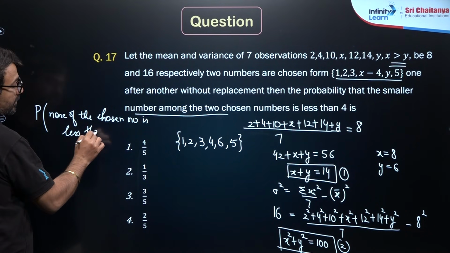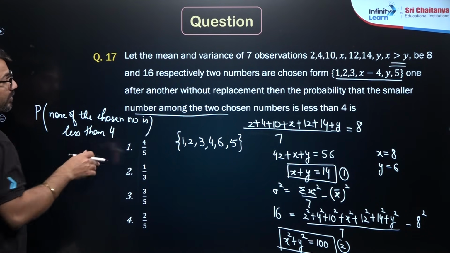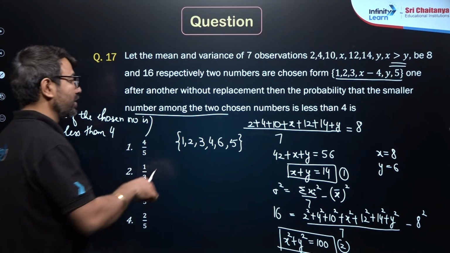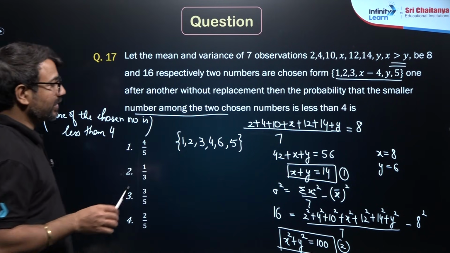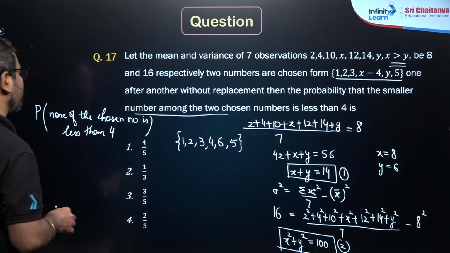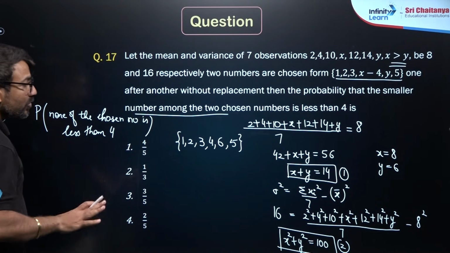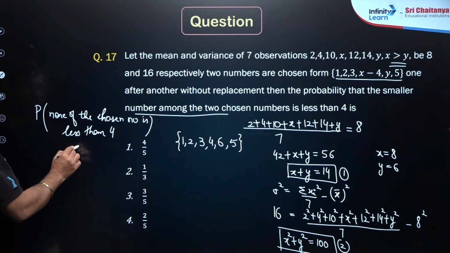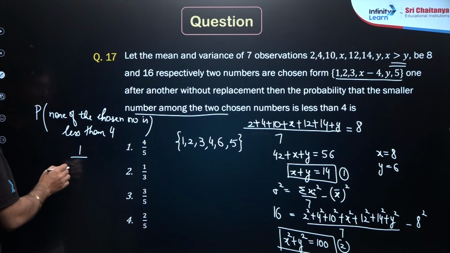That means both the numbers are greater than 4. So 6 is also allowed, 5 is also allowed in that case. Sorry, yes, 5 and 6. So if you choose two numbers, favorable will be 1 and the total will be 6C2.